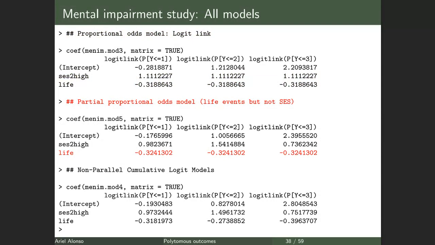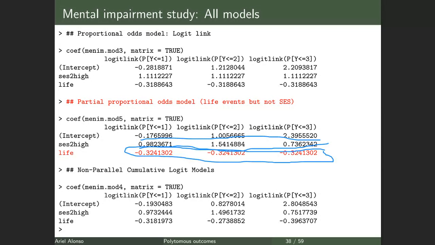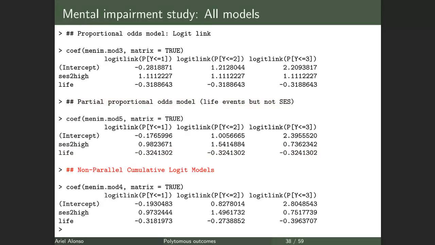So now the intercepts vary with the logit, the effect of socioeconomic status varies with the logit, but the effect of life events is the same for all the logits. And then finally, here you have the estimate for the non-parallel cumulative logit model, and here now all the parameters vary. So you have different intercepts for the different logits, different effects of SES, and different effects of the number of life events.